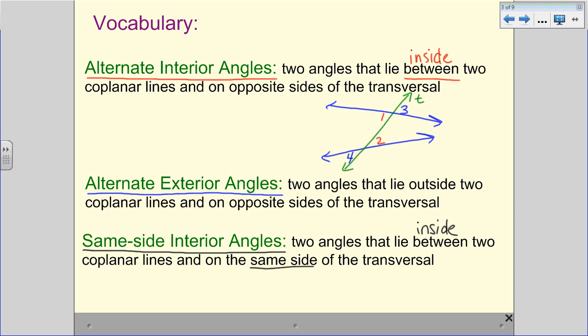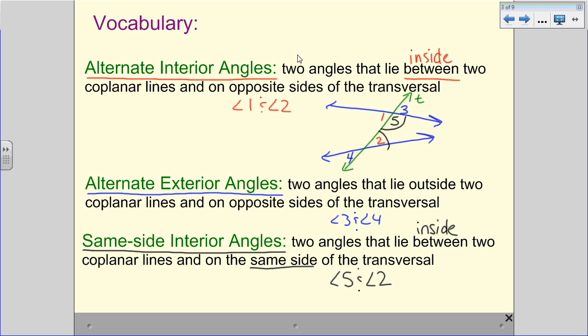So if we look at, mark an angle, if I put angle 5 here, all right, angle 5 and angle 2 are what we would call same side interior. Our alternate exteriors were our angle 3 and angle 4 from that diagram, and our alternate interior angles were angle 1 and angle 2 on that diagram.